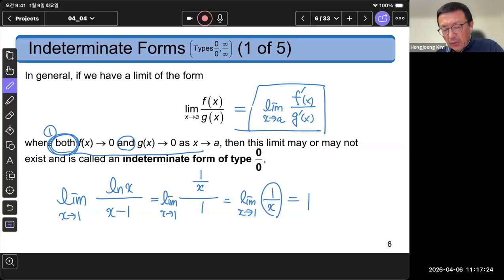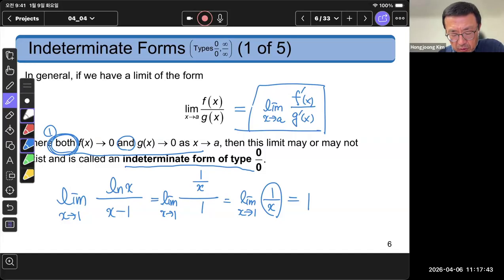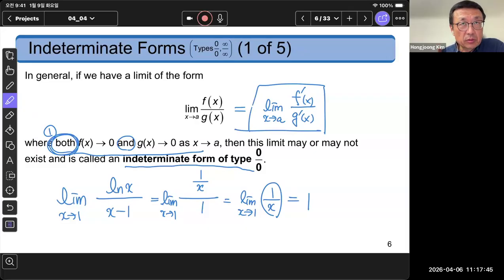In the textbook, we say such a shape is called an indeterminate form of type 0 over 0. You don't have to memorize this terminology. You need to memorize the shape, the condition.